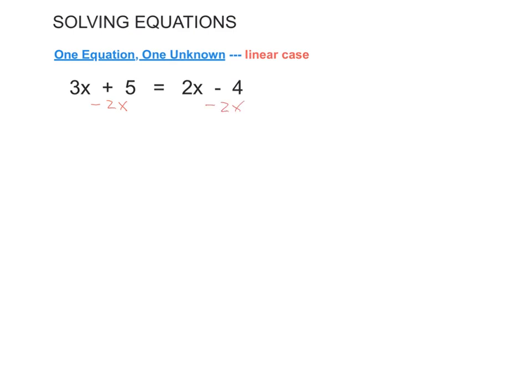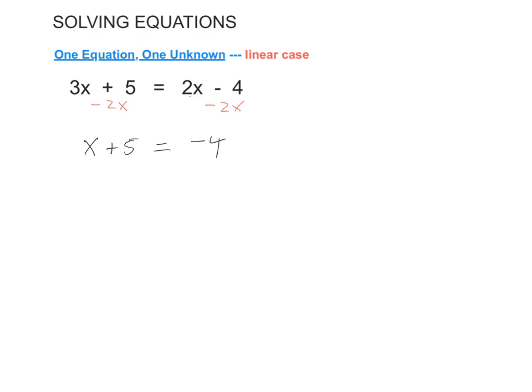Remember, I'm allowed to do that because as long as I do the same thing to both sides, the equation will remain true. So when I subtract 2x from both sides, on the left-hand side, I just get 3x minus 2x is 1x. So that's x plus 5 is going to equal, now on the right-hand side, I have 2x minus 2x. That gives me 0 minus 4, so negative 4.